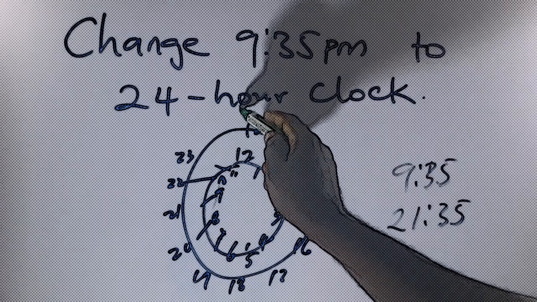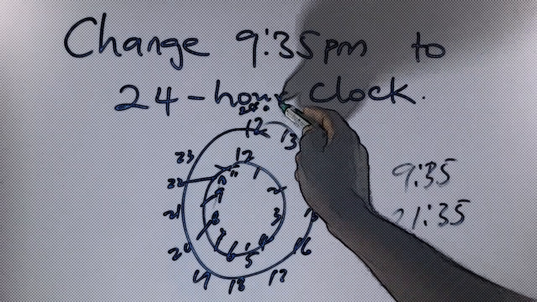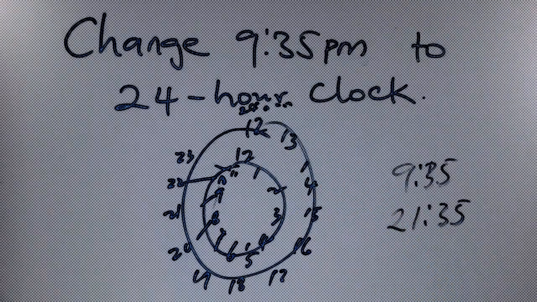Then after 23, instead of 24, it will change to 0, 0. That means a day is completed. That is how it works in 24 hours and also in 12 hours. If you have any question, you can let me know in the comment section.